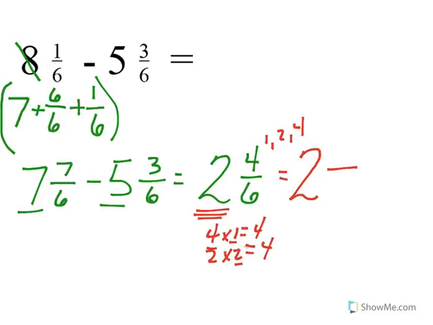I can't multiply anything times 4 to get 6, so that's not going to be the factor I'm going to use. Can I multiply something times 2 to get 6? I can. So 2 is my factor. 6 is divisible by 2. So here I'm going to divide 4 by 2 and get 2. And down here I'm going to divide 6 by 2 and get 3.